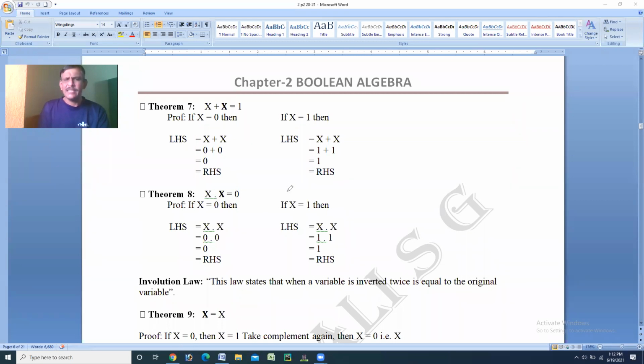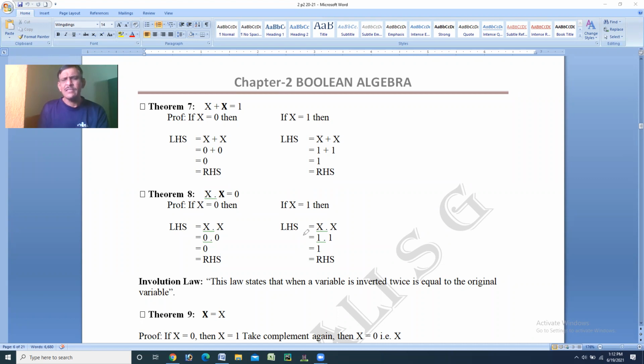Then the second case, take x equal to 1. Then LHS equals x dot x complement. Substitute the value of x as 1, so 1 dot 1 complement, which is 1 dot 0, and that is 0, equal to the RHS.